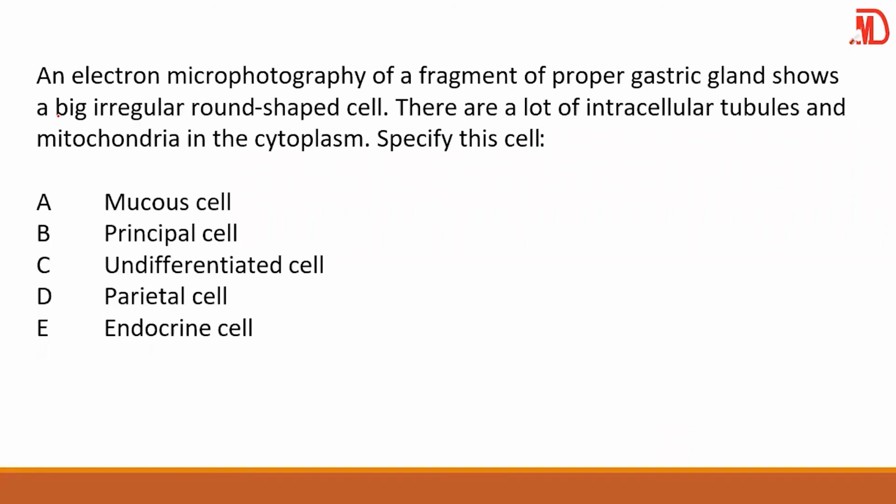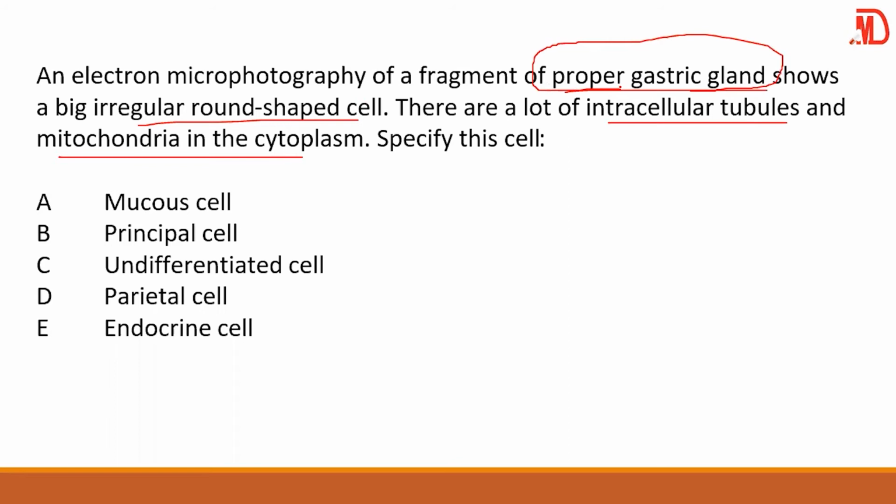An electron microphotograph of a fragment of a proper gastric gland shows a big irregular round-shaped cell. There are areas of intracellular tubules and mitochondria in the cytoplasm. Specify the cell. Now they are telling us that this is the gastric gland.